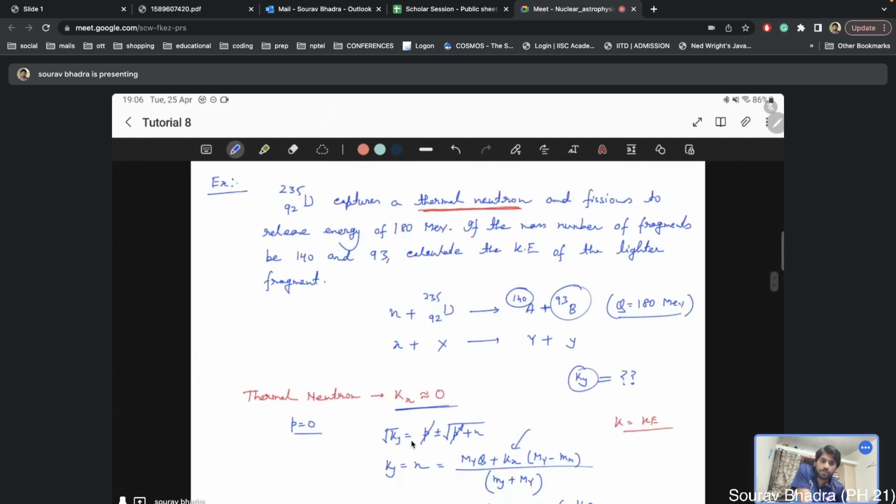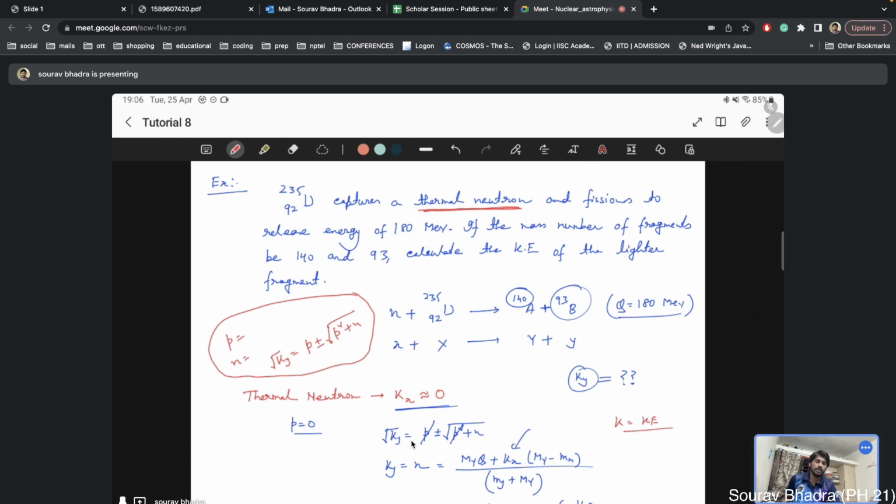So this type of small problems may come, and all the solutions lie in the expression of P and the expression of N, and that equation Ky equals P plus minus square root of P squared plus N. So these three expressions are the main important expressions. If you can remember them, it will be very useful to you.